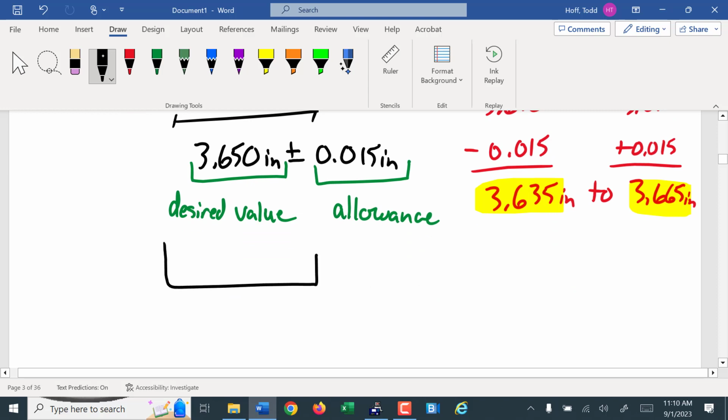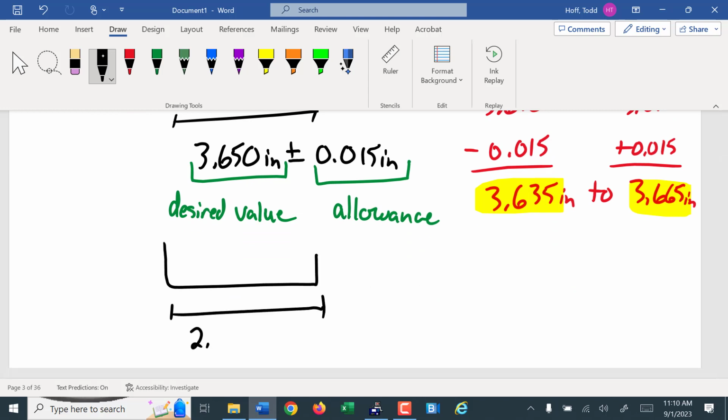Now you might see a measurement labeled .400 inches plus or minus 0.5%. So this is what is referred to as a relative allowance.